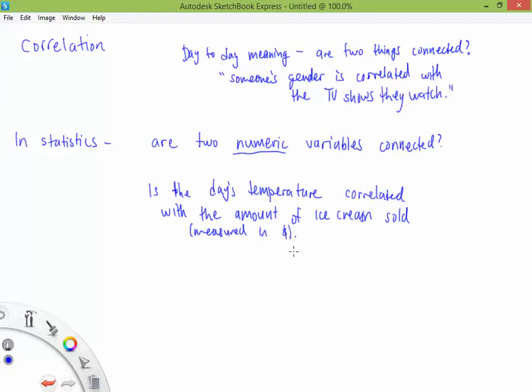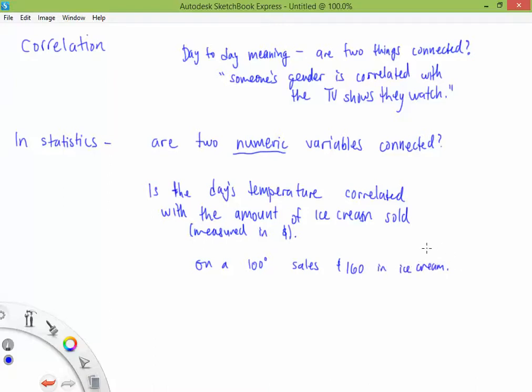Okay, and is that correlated? Yes. Hot days, high temperature, so high values of temperature will be correlated with high values of ice cream sales, right? So if you run a little stand, if it's 100 degrees outside, maybe you sell $160 in ice cream. Who knows, okay?